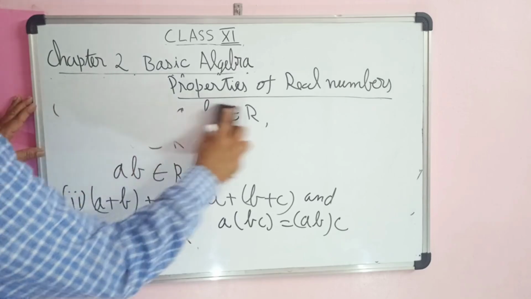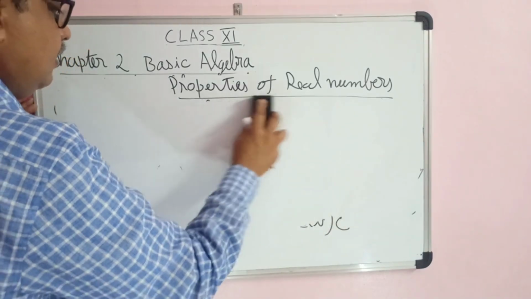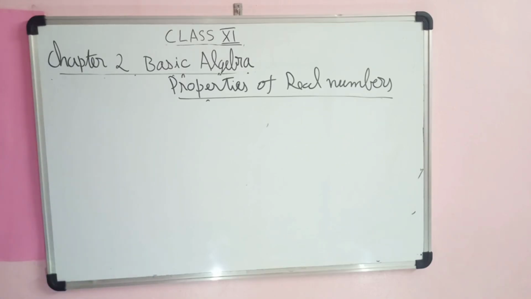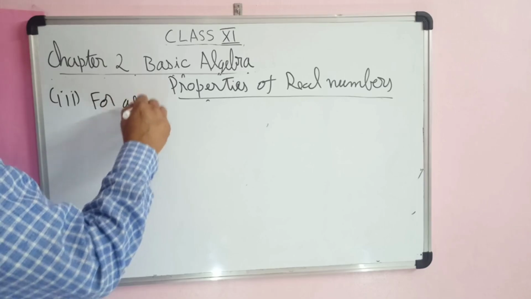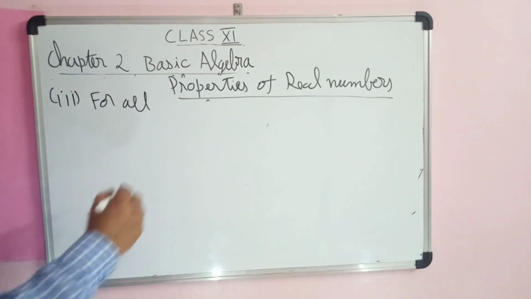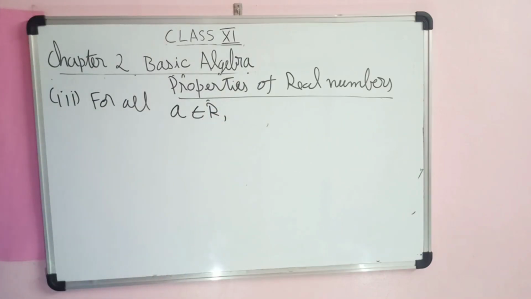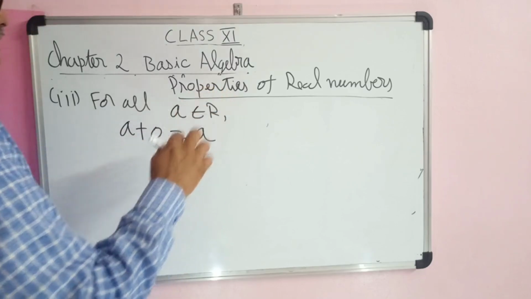Then third property, for all A belonging to R, A plus 0, A is a real number, A plus 0 equal to A. This is the third property.